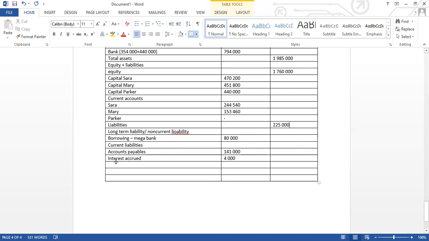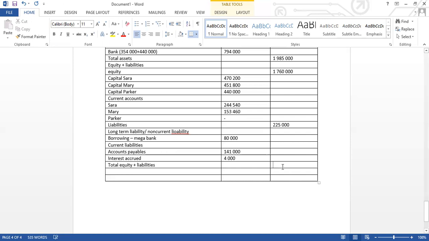Okay. So total equity plus liabilities will give us how much? I'm almost done.